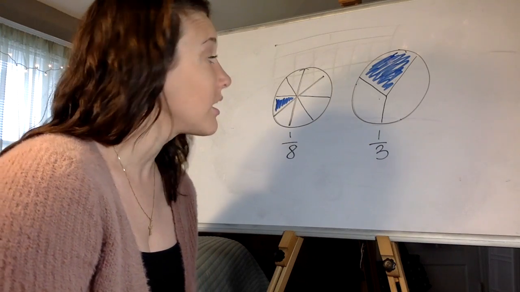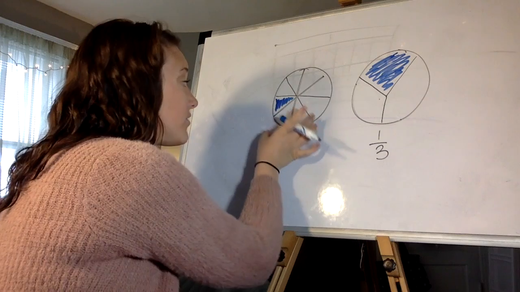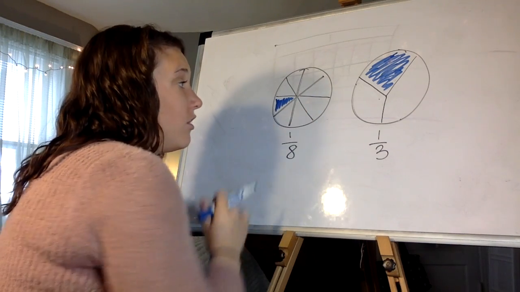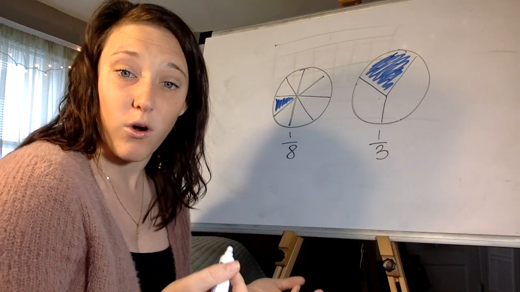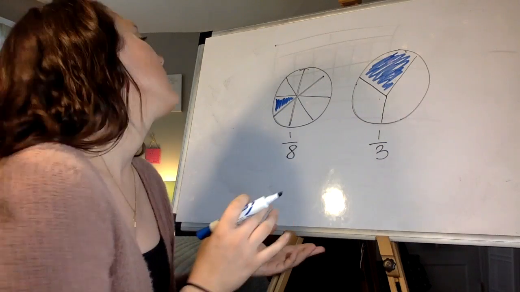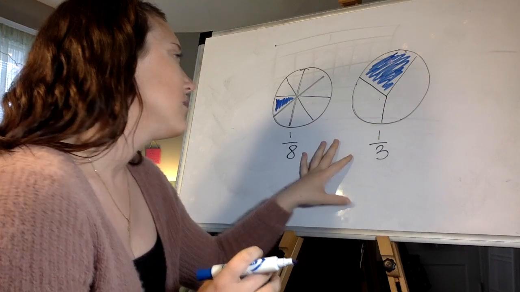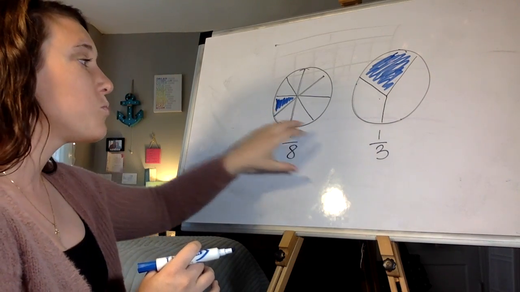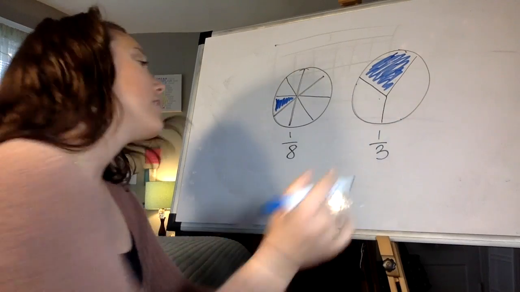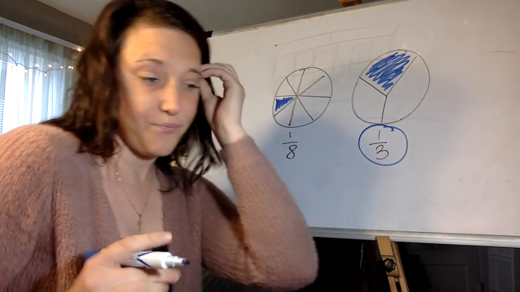Well, if I were to put my 1/3 circle over top of my 1/8 circle, which circle would be shaded more? So think about it that way. So if my circles are the same size and I only shaded in one small portion here, which portion is larger when it's shaded in? The 1/3 is the larger fraction. Okay?